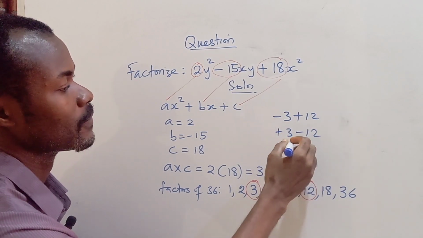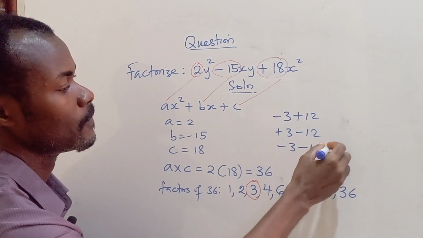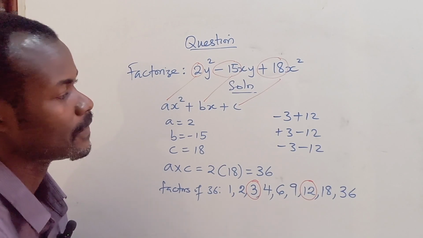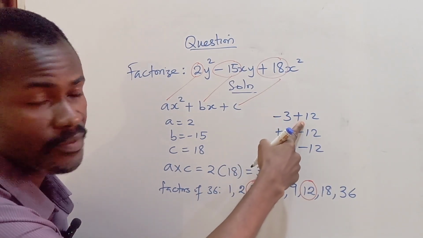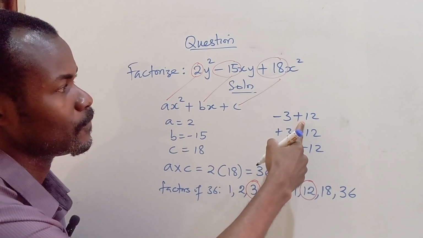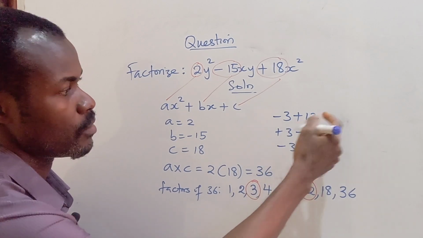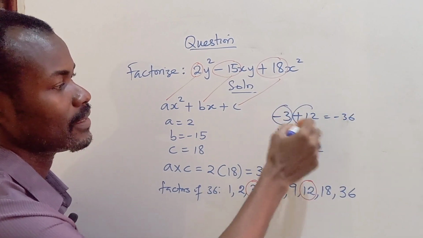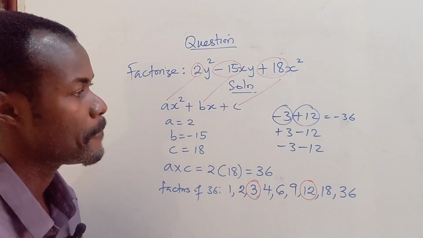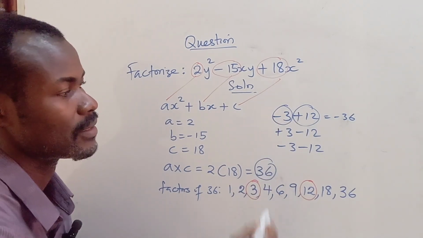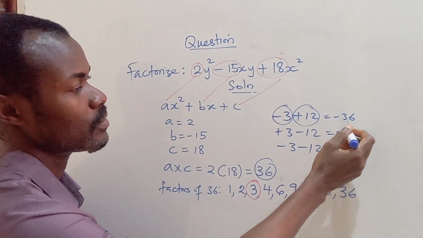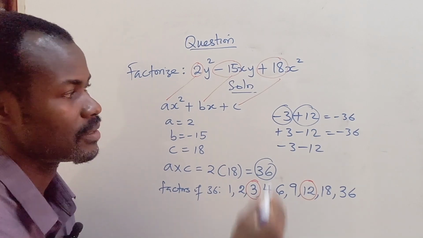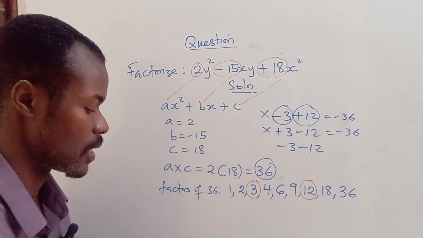Let's also try minus 3 minus 12. For the first one, if we multiply them, this is going to give us minus 36, and we are looking for plus 36. This also gives us minus 36, so it means these two will not work.